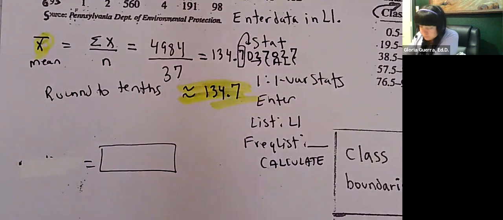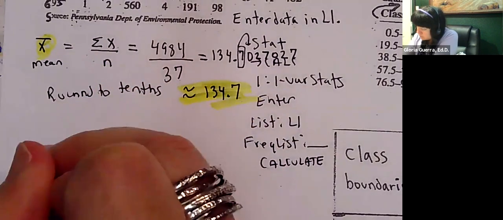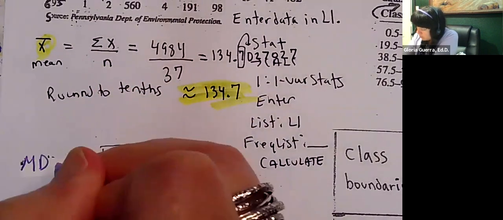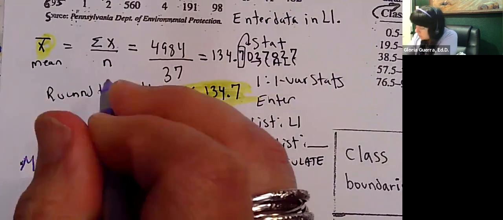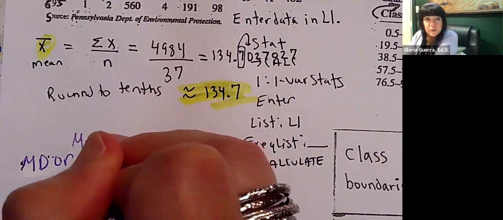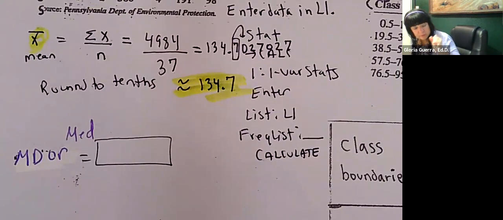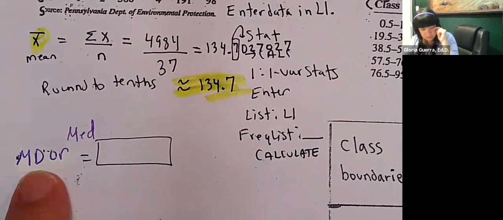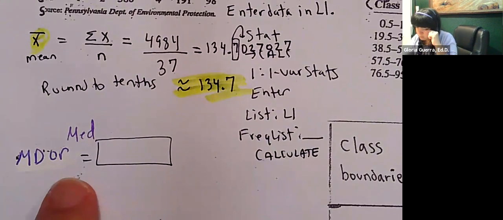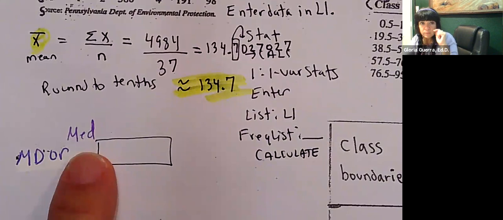It is MD or MED. You do have a choice. You're supposed to use a symbol if the book provides one, or the text, or the calculator. Okay, so that would be our symbol here. MD is from the text, and this is the one from your calculator.